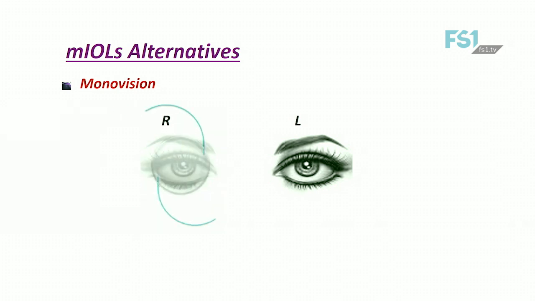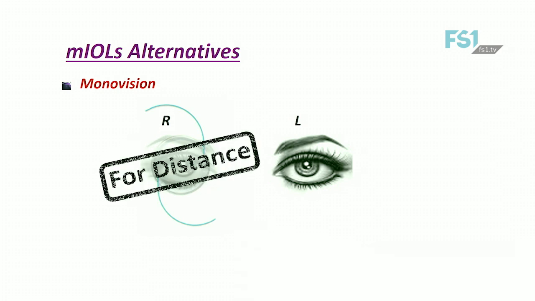Monovision is when you implant, for example after cataract surgery, a monofocal IOL in one eye and correct it for distance. And we should know that this eye should be the dominant eye. So when you consider the eye for distance correction with monofocal IOL implantation, you have to know that this eye should be a dominant eye.